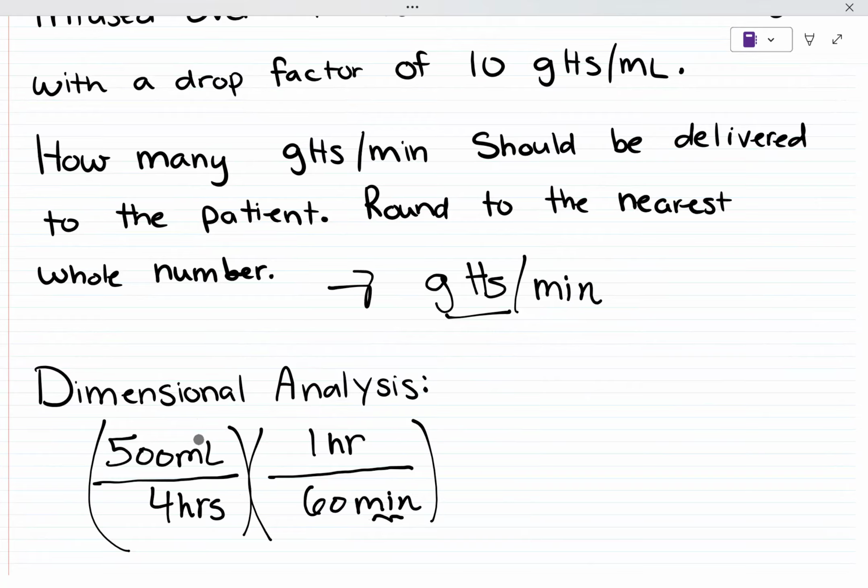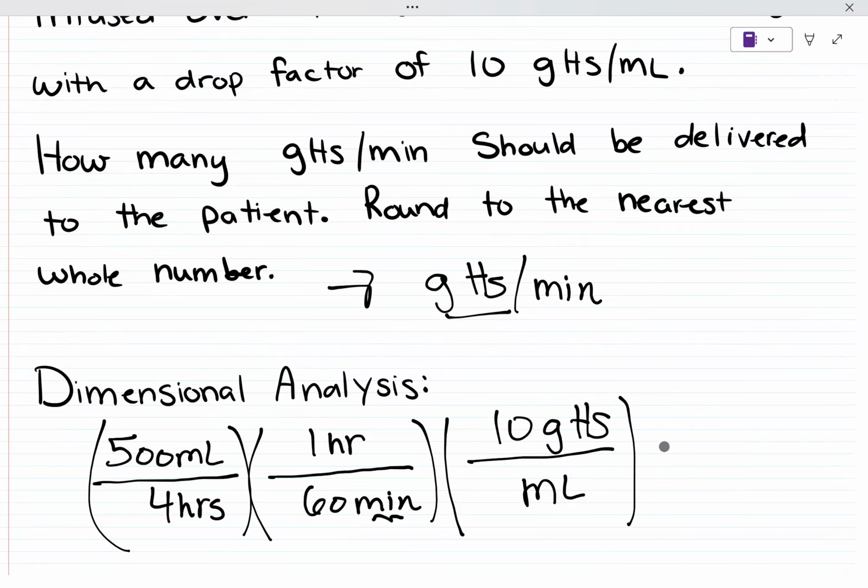Now we have to convert the milliliters into drops. They specifically said you're given 10 drops per milliliter, so you could just leave it as it is: 10 gtts over 1 milliliter.